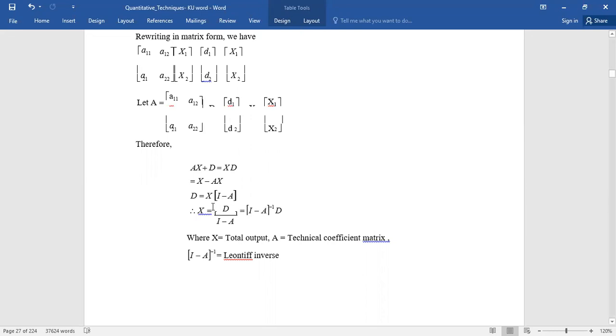Remember, we were talking of 1 over. You can see we have D over I minus A for us to get the inverse. So you need to get the determinant.